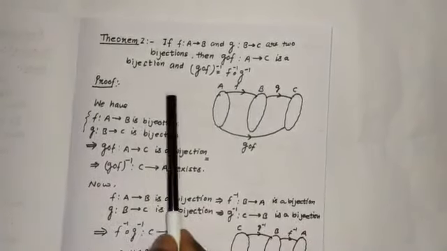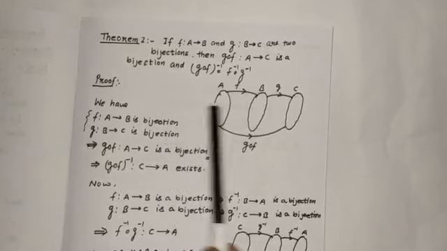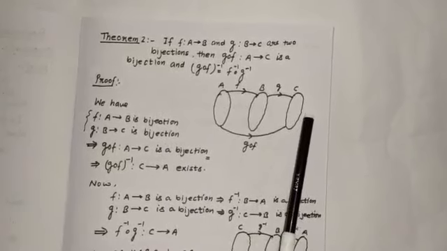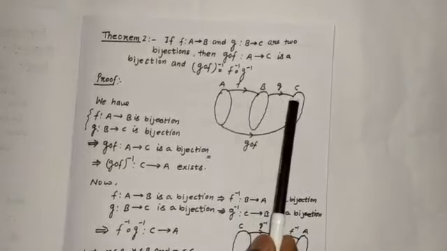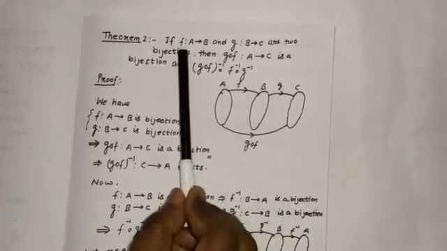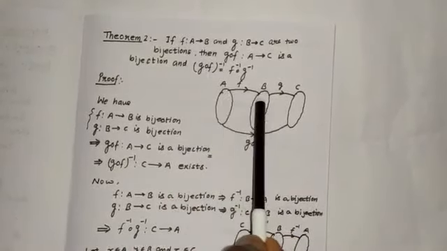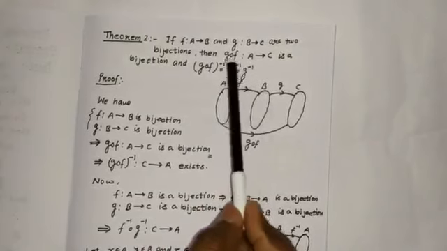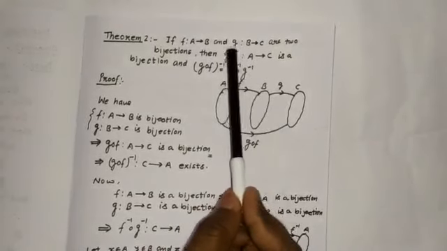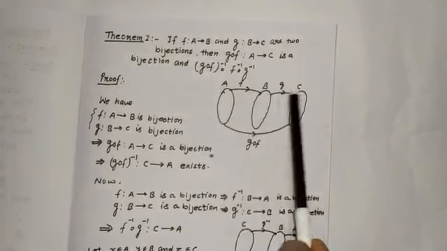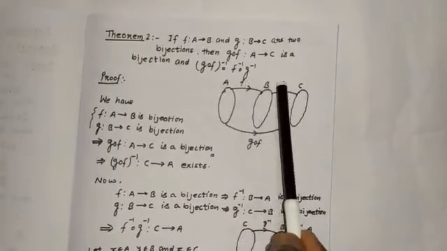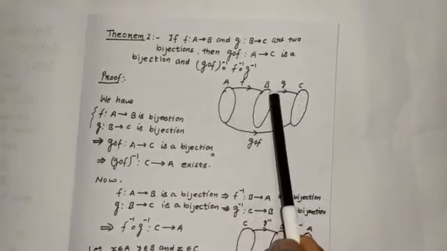Okay, now start the proof of this theorem. Say in this Venn diagram, the f function is given which maps from set A to set B, and g is another function which maps from B to C. The f function and g function both are one-one.